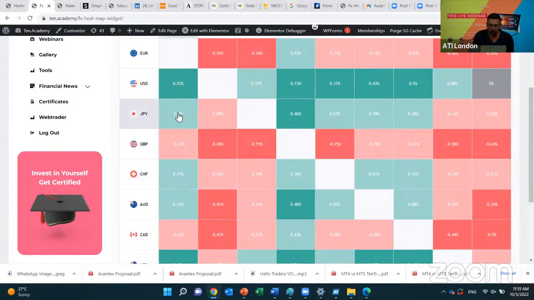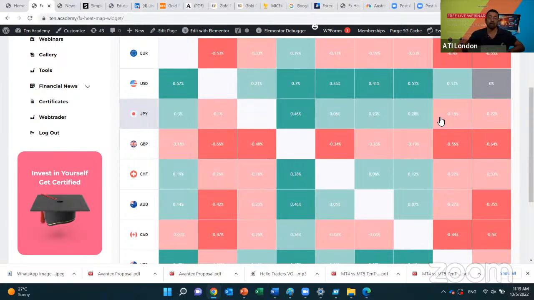Now, if there is a lot of buying activity, meaning that this whole row on the JPY, Japanese yen, is actually green, a lot of bright green boxes highlighted, that means a lot of traders and investors are paying attention to buying the JPY. When they buy JPY, and JPY is a safe haven, that basically means that the market most probably is in a risk-off environment.